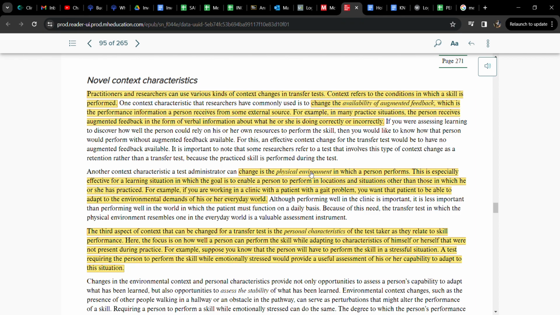And then the third part of a transfer test could be the personal characteristics of the test taker as they relate to the skill performance. Here the focus is on how well a person can perform the skill while adapting to characteristics of himself or herself that were not present during the practice. An example of this would be if you had a person perform a skill in a stressful situation.